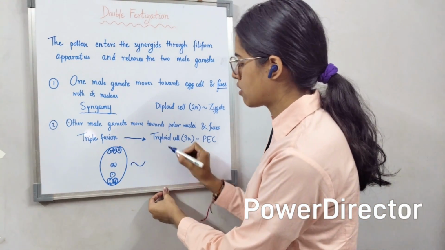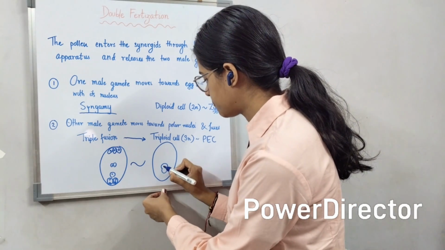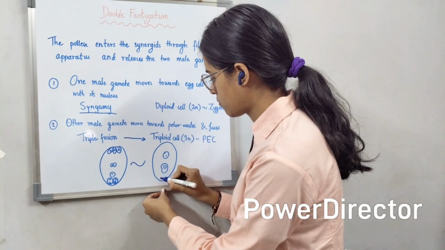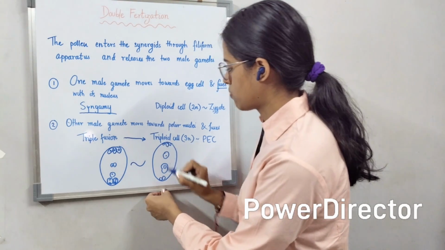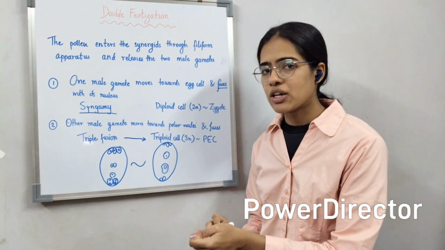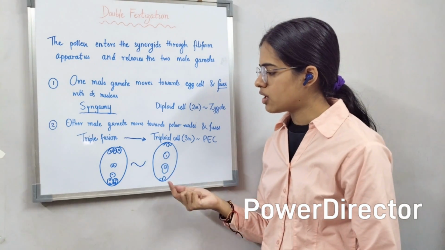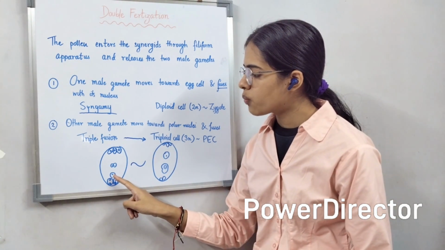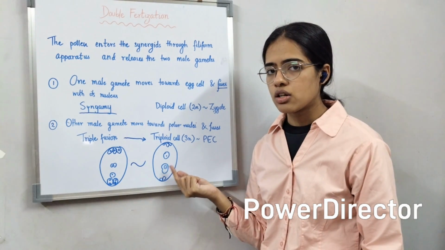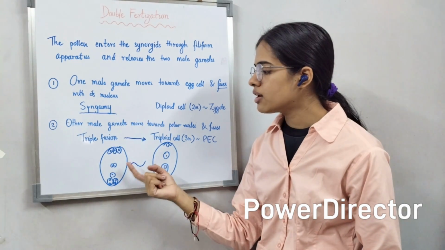So after the double fertilization, this is a very vague depiction of how it will look. So what happens here is the male gamete fuses with the egg cell to form a zygote. This is a diploid cell 2N, and the process of fusion is called syngamy.